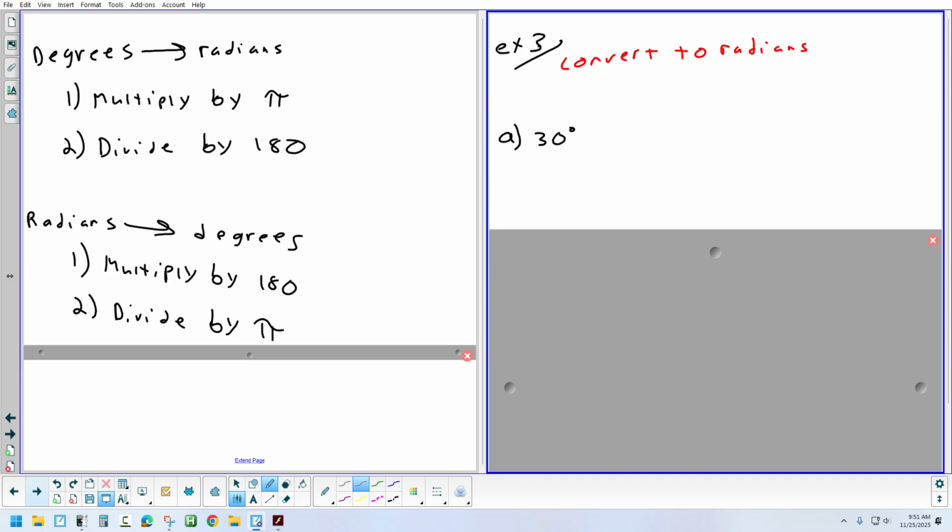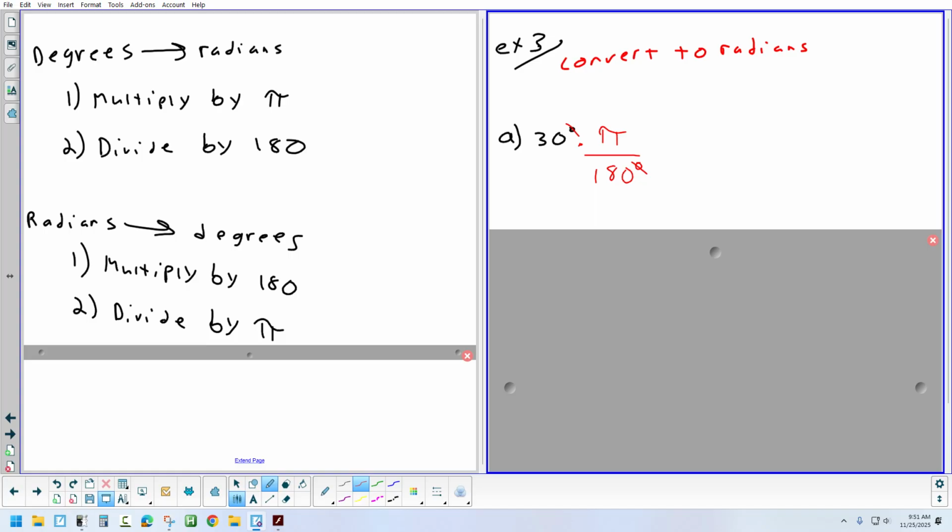Okay, so let me show you an example. It says convert 30 degrees to radians. Degrees to radians. Multiply by pi and divide by 180. What's going to happen to the degree symbol there? It cancels out.